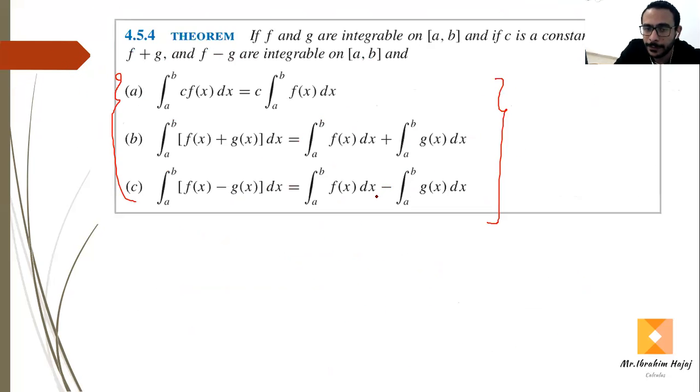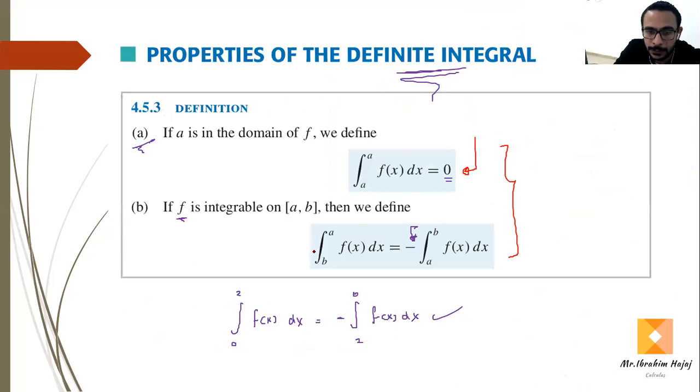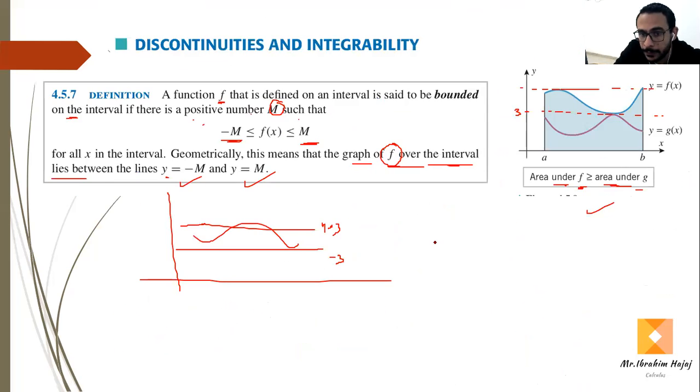Based on this fact, it's a property of the definite integral: if we flip the limits a and b, we change their positions and put a negative outside. If we don't flip, it doesn't differ. Here we did flip, so we keep the sign the same.